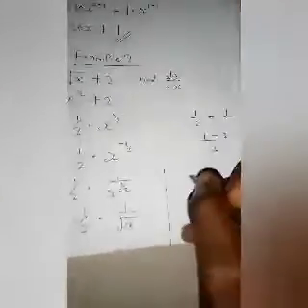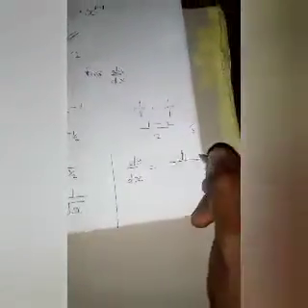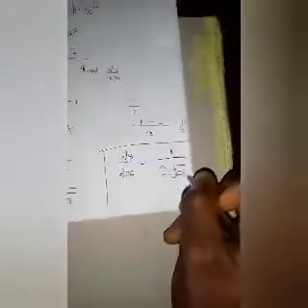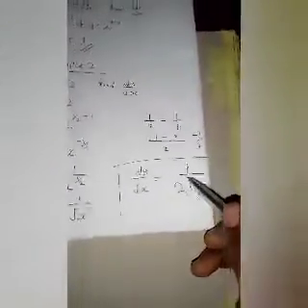Our dy over dx will equal 1 times 1 over root x. So dy over dx is 1 over root x.